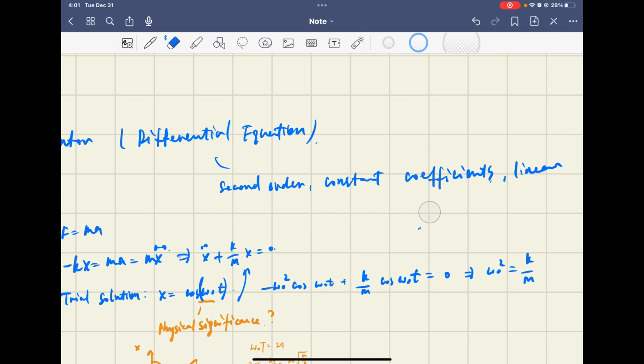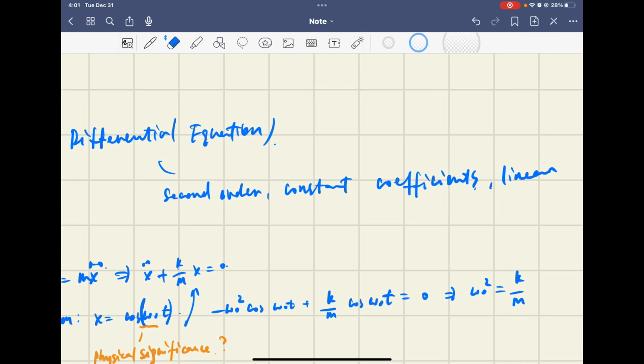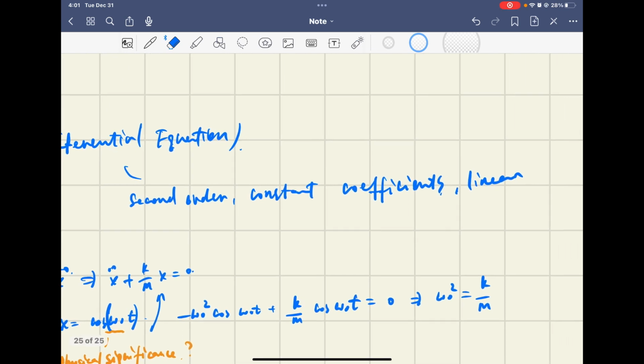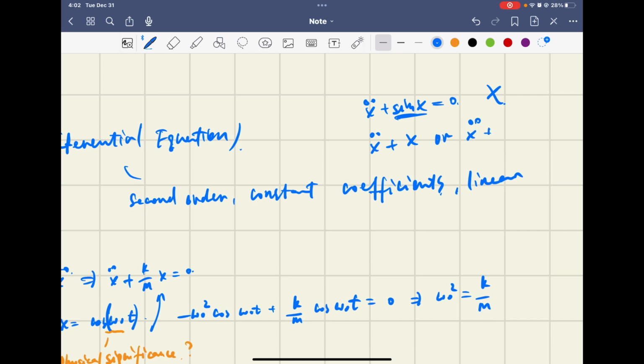By the term linear, we mean that we should only have adding or multiplication mathematical operations for the variable x. If an equation looks like this, something plus sine x equal to 0, then it's not linear because it has an operation of sine on the variable x, which should only contain adding or multiplying by a constant.